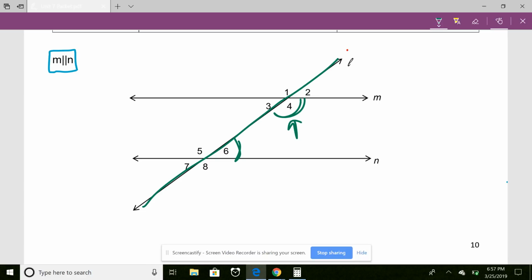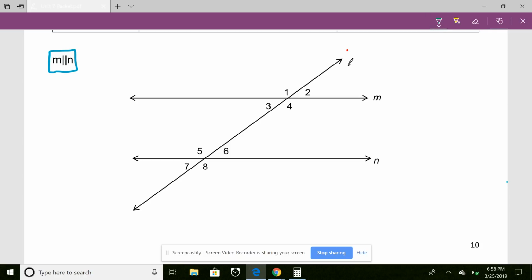Angle 4 is an obtuse angle and angle 6 is an acute angle, so they're not congruent. They're not the same measure, but they add up to 180 degrees. They form a straight line. Another same side interior pair is 3 and 5, both on the left side of the transversal and on the interior, so they are also supplementary.